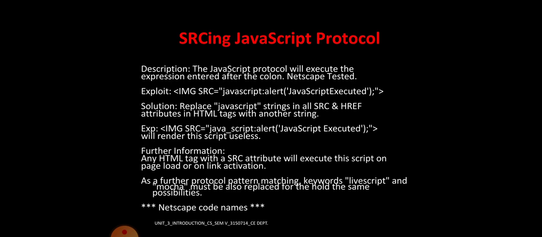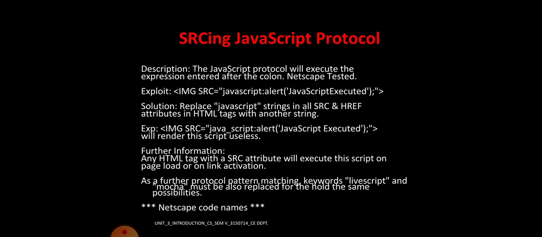Sourcing the JavaScript protocol executes the expression entered after the colon. Netscape twisted. Exploit: you are seeing the syntax, and the solution. Replace the JavaScript string in all source and reference attributes in HTML tags with another string.